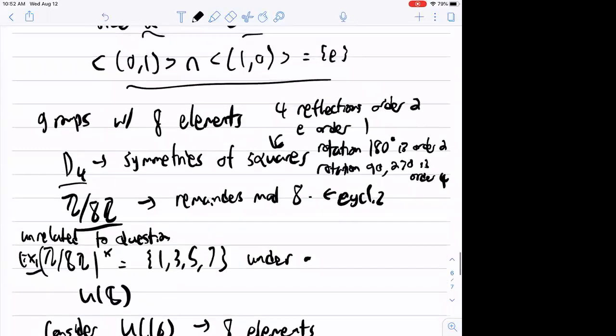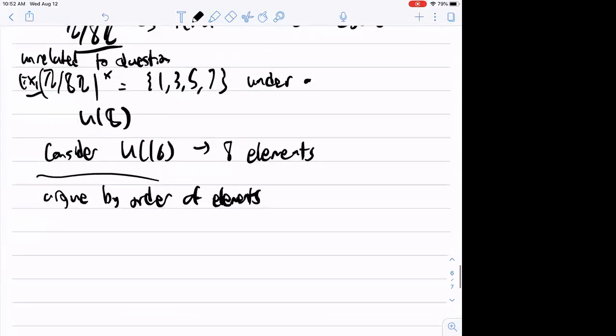So this one has 5 elements of order 2, and 2 elements of order 4. And I think this one, if you just calculate it, 3 has order 4, for example.